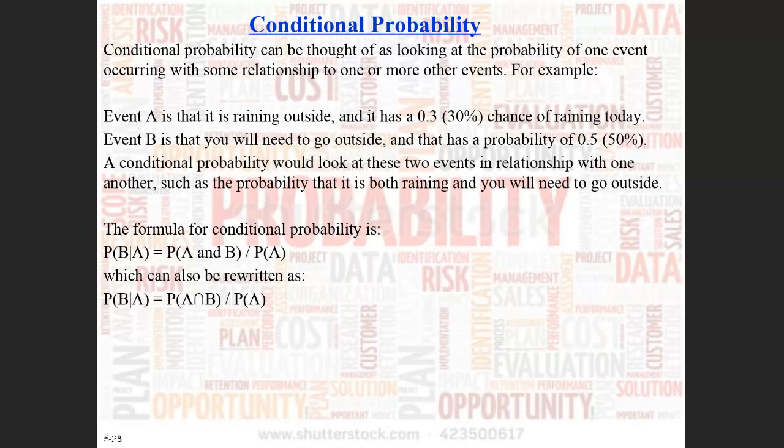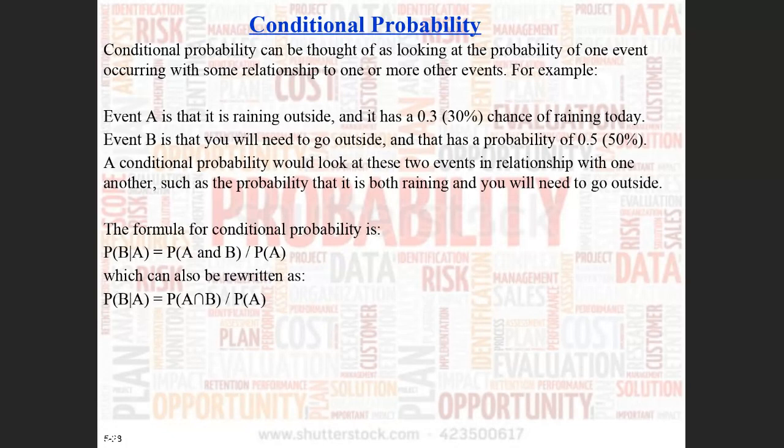There's a lot about probability, whether you want to know that or not, but there are lots of different aspects of probability. So we're going to talk about conditional probability, which can be thought of as looking at the probability of one event occurring with some relationship to one or more other events.